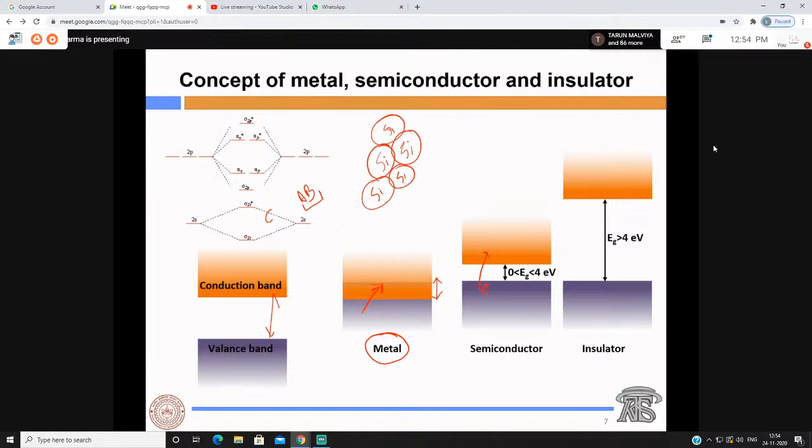For example, if we shine light on, let's say, silicon, a semiconductor material with a band gap of 1.1 electron volt, the material takes the energy, and the energy energizes the electron so that it can move from the valence band orbital to the conduction band orbital, and now it becomes free, it can move.